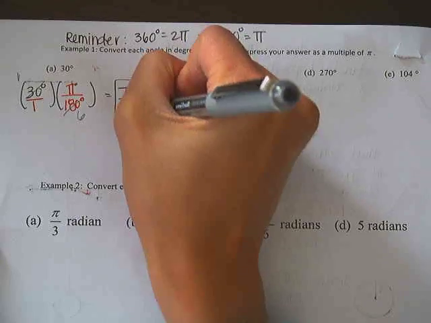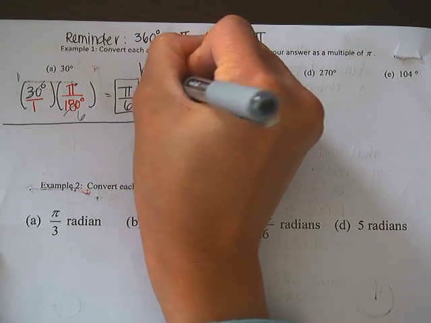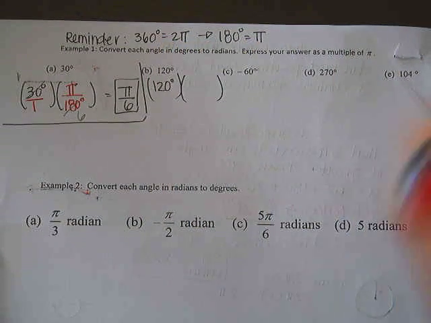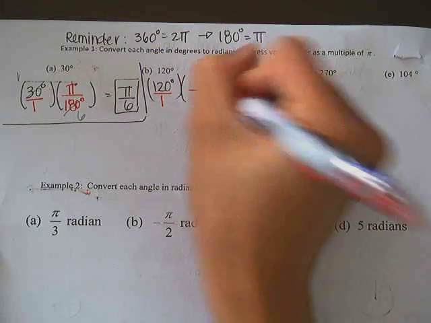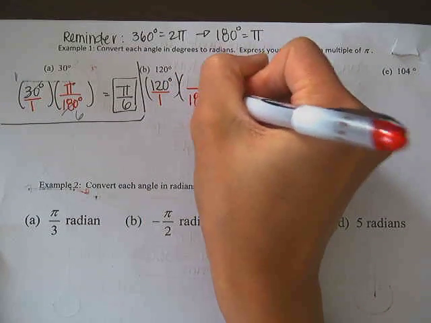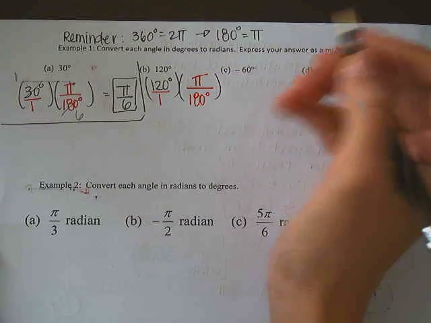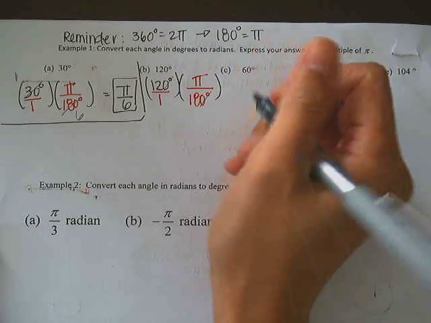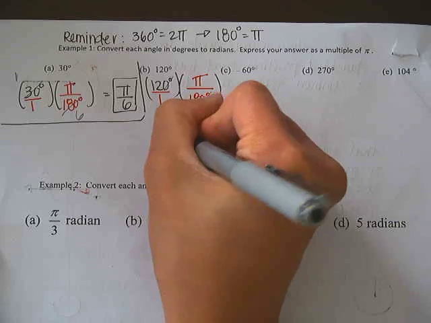All right, next we are going to do 120 degrees, and I would like to convert this to radians. So I'm going to multiply. I'm going to make this into a fraction because I want to get rid of the degrees. The degrees go on the bottom, so 180 degrees is pi radians. From here, I can cancel out the zeros and the degrees. If I don't know what I can reduce it to, I'm going to do a couple of steps here: 12 pi over 18.